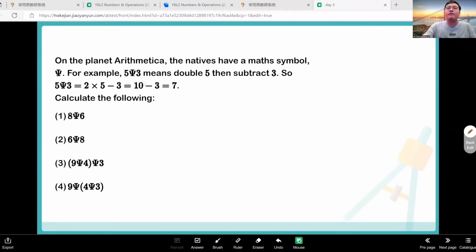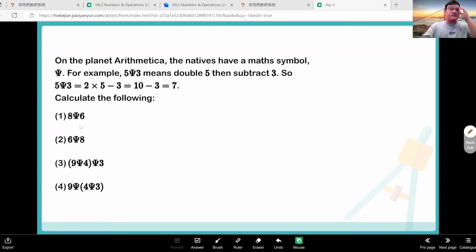For example, 5 flower 3 means you double the 5 and then subtract 3. So if you do 5 flower 3, that equals to 2 times by 5 first. That is 10. And then take away 3, you get 7. Okay, that's the answer.